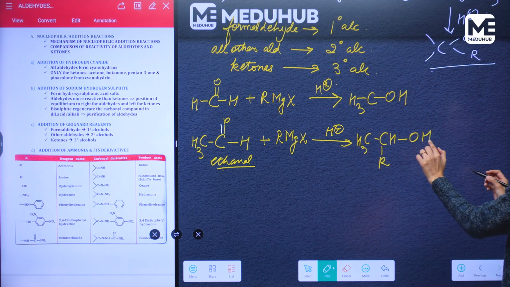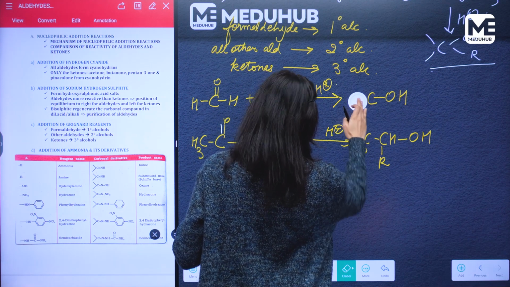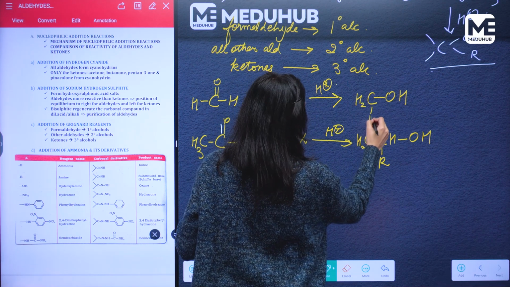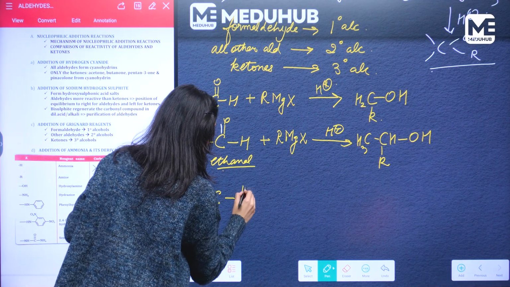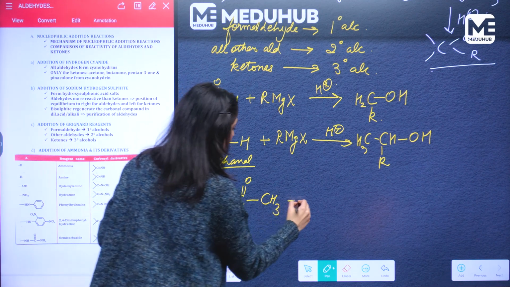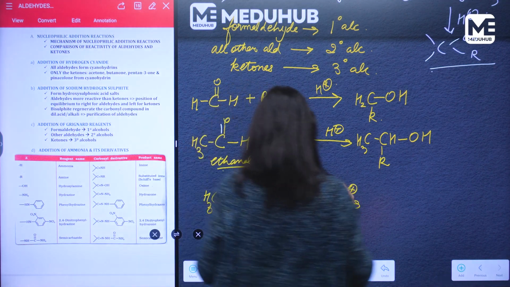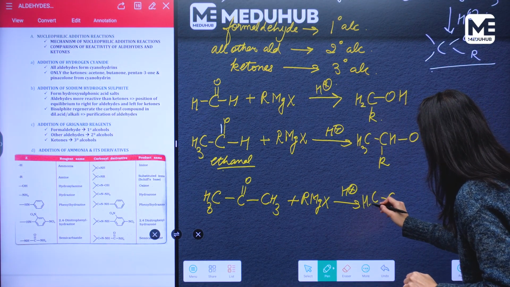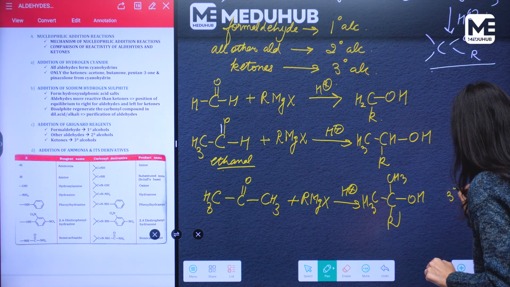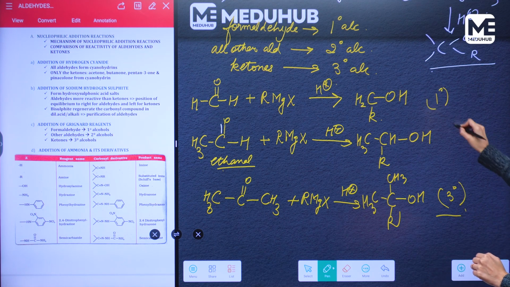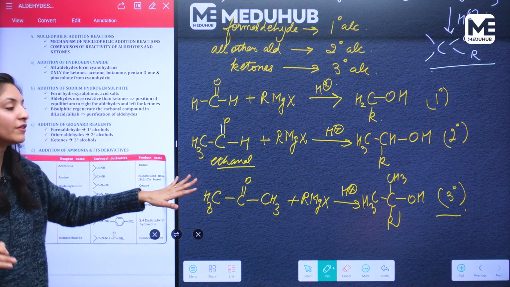This is a 2 degree alcohol. And if we have acetone, with acid, we will get a tertiary alcohol. Here 1 degree, 2 degree and 3 degree. So this is it for the reaction of aldehydes and ketones with Grignard reagents.